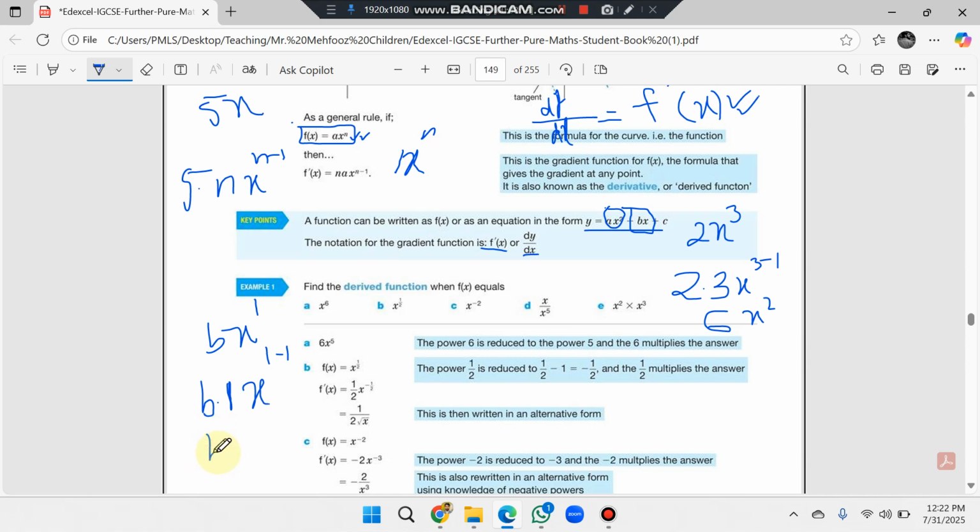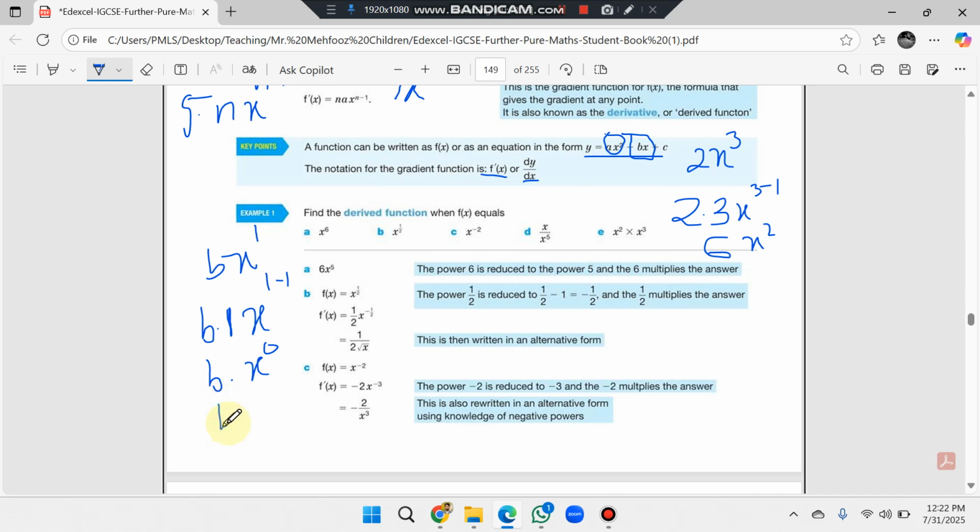So it becomes b multiplied by 1, that is simply b, and x raised to the power 0. And what is the value of x raised to the power 0? That is 1. So bx has the derivative simply b. Understand?